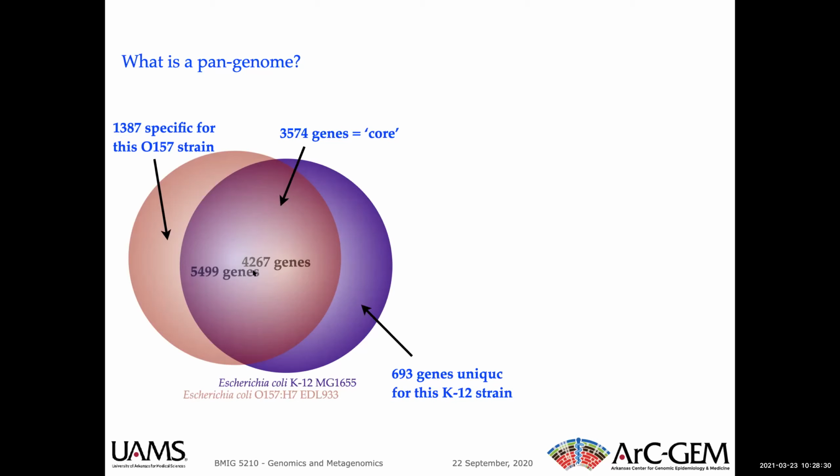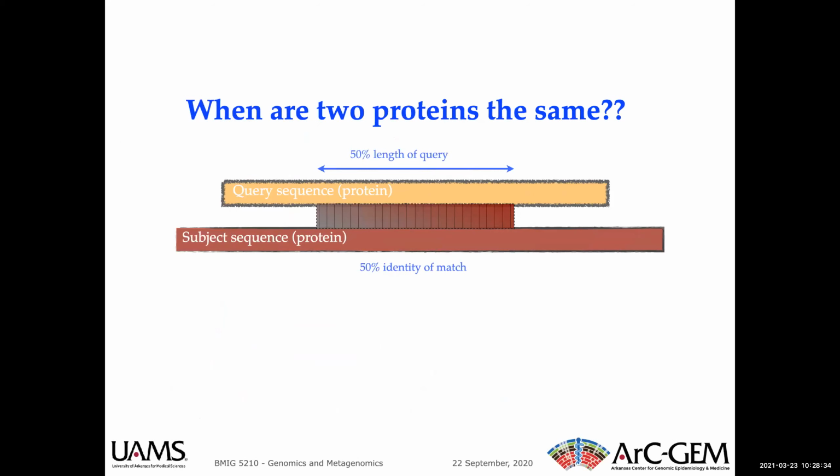Okay, but I say that these genes are the same, but they're not always exactly the same amino acids. They're close. So how do you really know when two proteins are the same? Again, this is in the 90s, and basically Eugene Koonin came up with what's called the 50-50 rule. If you take two proteins, you line them up. You have one protein here, you're comparing it to this protein, and you have a region that overlaps between them, the alignment region.